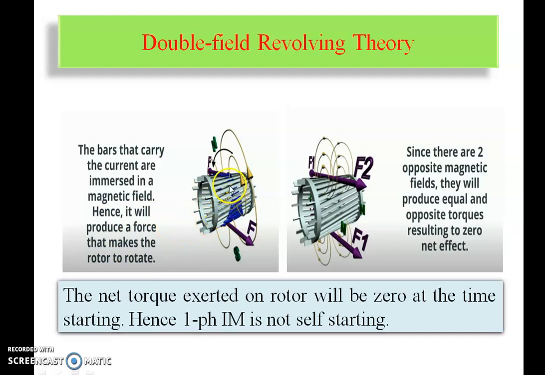Whenever a current carrying conductor is kept in a field, it experiences a mechanical force. This is the statement of Faraday's second law, so we are applying Faraday's law to the single phase induction motor.